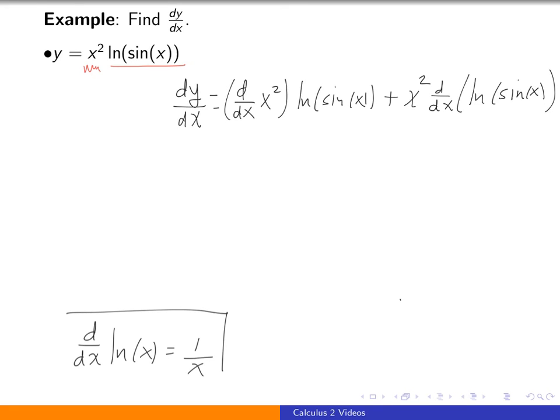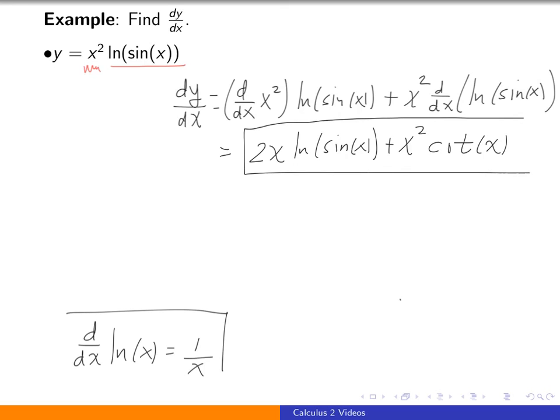And once we've written out the product rule, it really just boils down to evaluating these two, hopefully easier to handle derivatives. By the power rule, the derivative of x squared is 2x. And if we go back to the previous slide, the first example, we actually already differentiated the natural log of sine of x, and we found that it was cotangent x. And no reason to recreate the wheel, so we'll just simply copy down the formula we had from a previous slide.